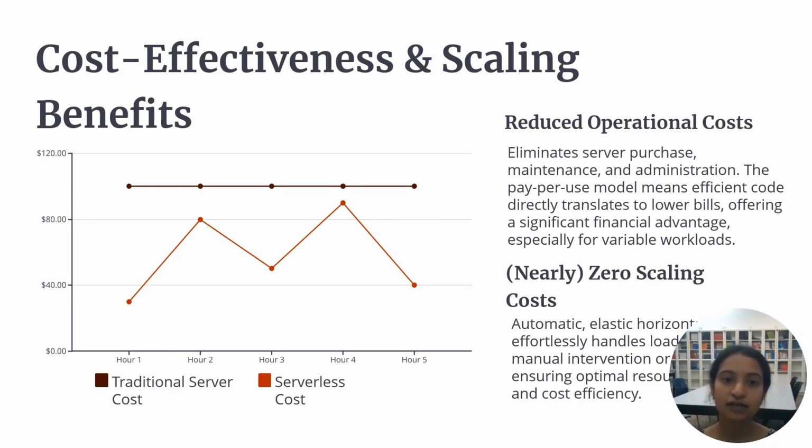But when it is scalable, if you don't need it, you can just stop using it and start with it whenever you need it again. So this is a cost benefit, reduced operational cost, and when you're scaling up or scaling down, you don't have to pay more because you already planned ahead and you are paying just the amount that you used.